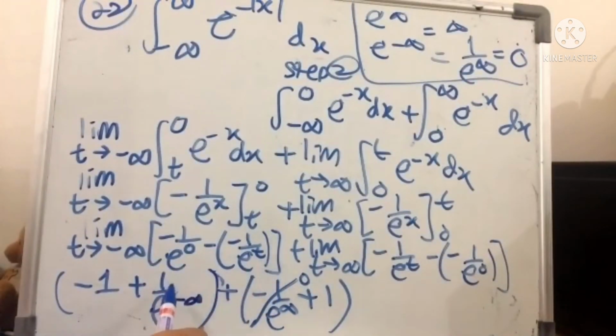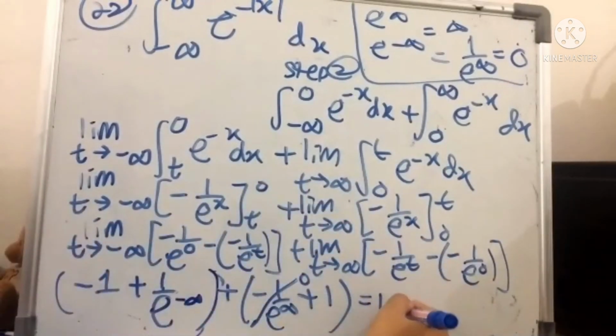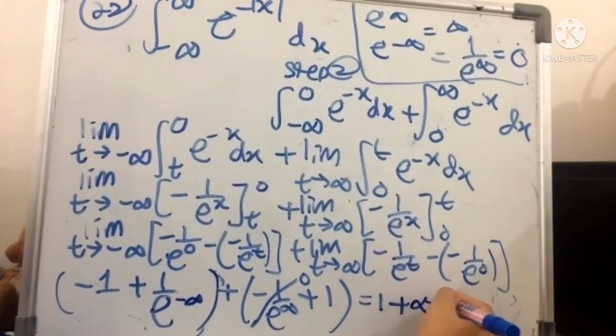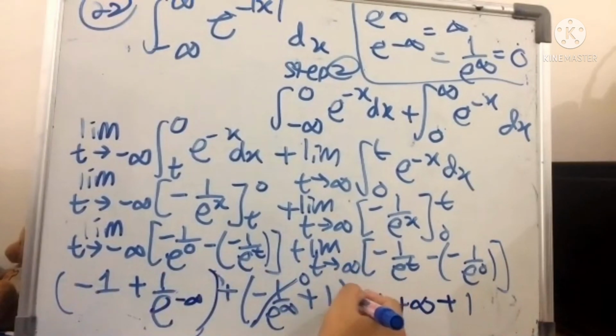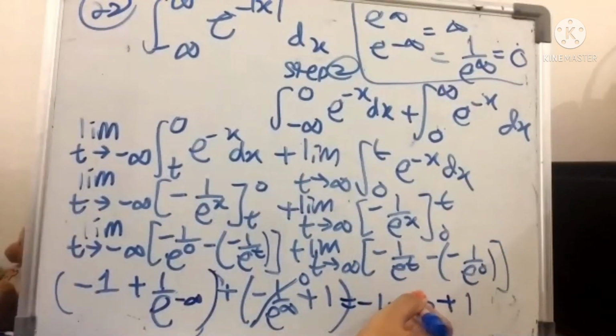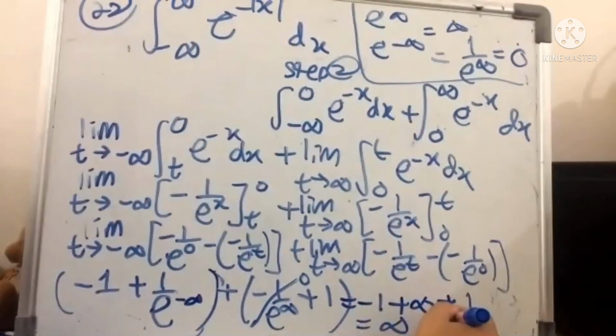This one is true. But here, e to the power of negative infinity is actually 0, so 1 over 0 is infinity. So here you get negative 1 plus infinity plus 1. So you get 0 plus infinity, which means infinity, so the integral diverges.